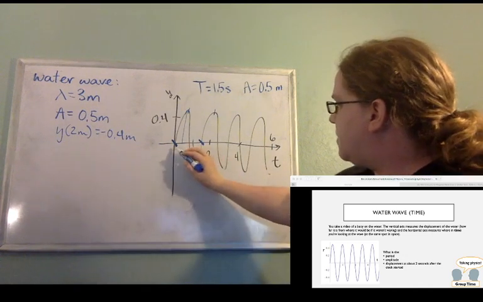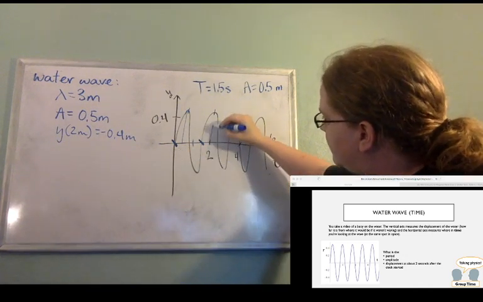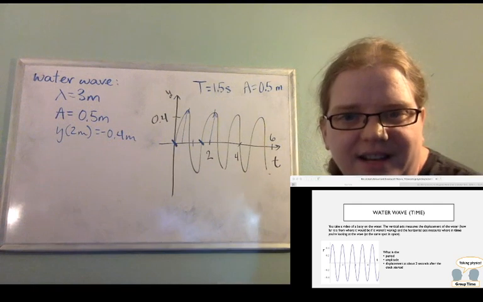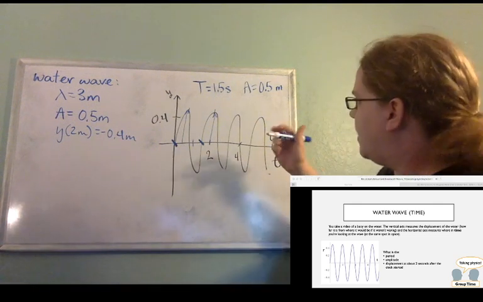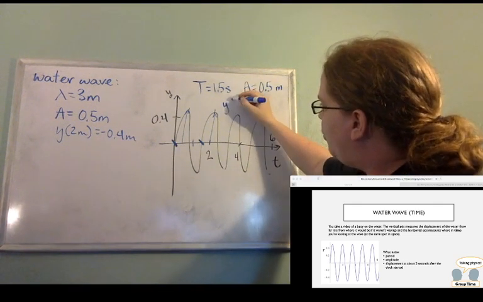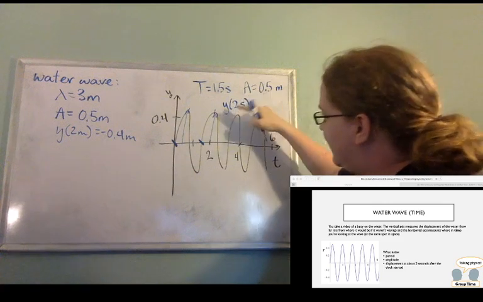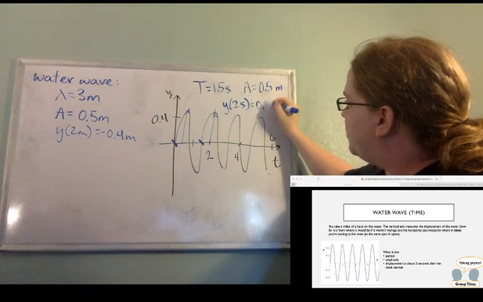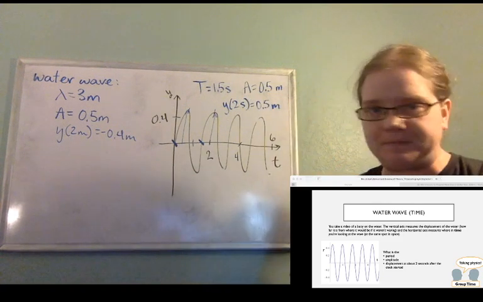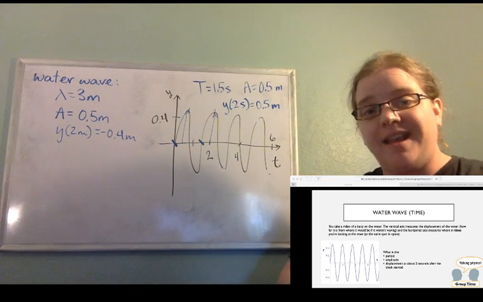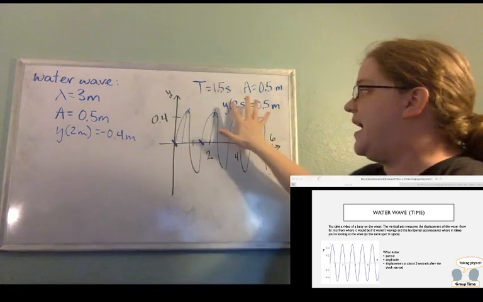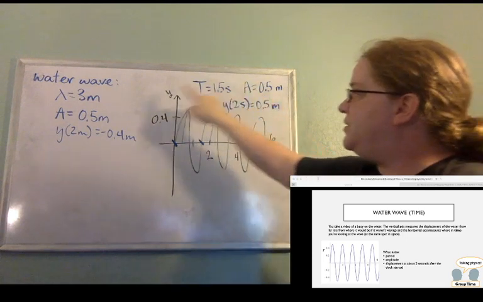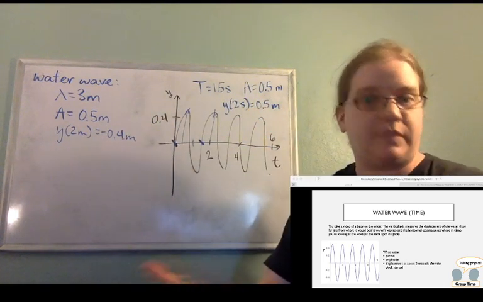All right, so we come here, here's 2. Well, it kind of looks like at that point it's at another amplitude, right? At another highest point. So my y of 2 seconds would be equal to 0.5 meters. And now we can compare these values, right? My amplitude is the same. That's good.